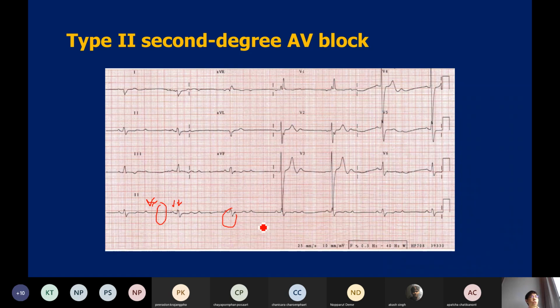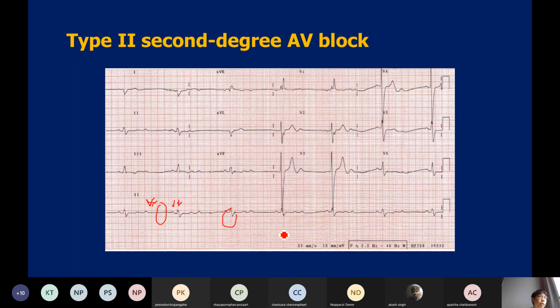There shouldn't be more than 3 P waves, and the conduction is more frequent than in the high grade. The ratio of the atrium to ventricle is not more than 3 to 1. This means that there are 3 impulse beats from the atrium, then one could conduct to the ventricle.